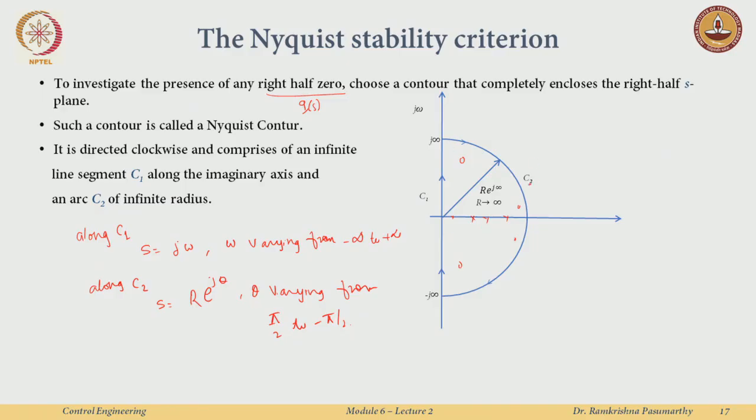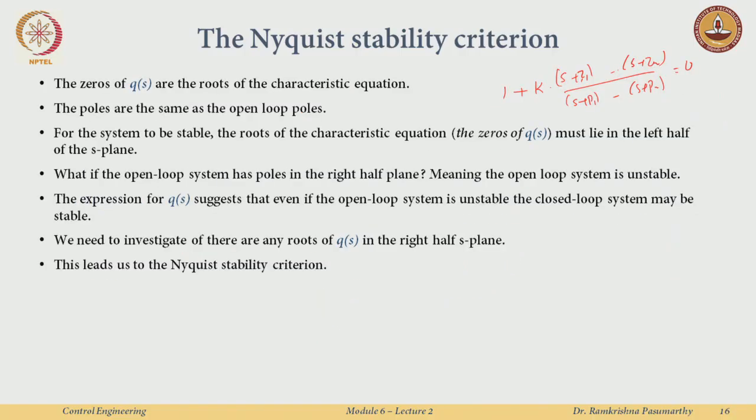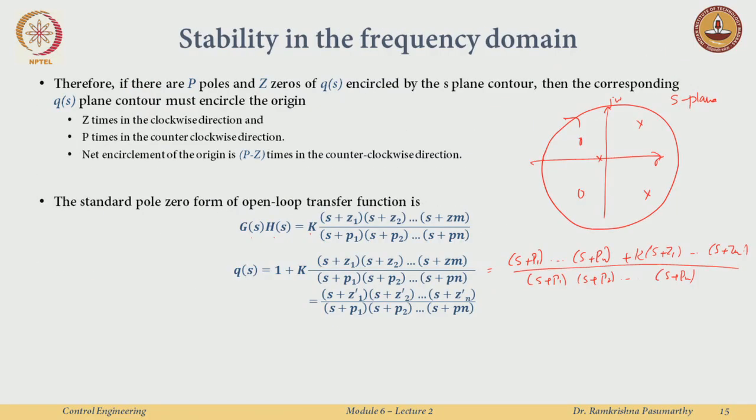Okay. Now if I map this contour from the S plane, this is the Nyquist contour in the S plane, and I want to see what happens in the Q(s) plane. This Q(s) plane will encircle the origin. That's what I learned from these previous slides, encirclement of the origin.